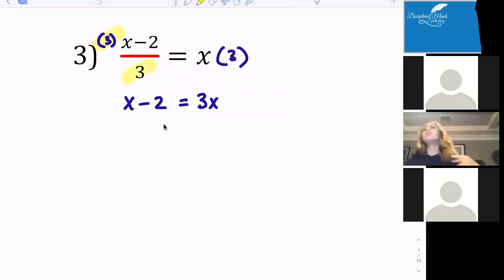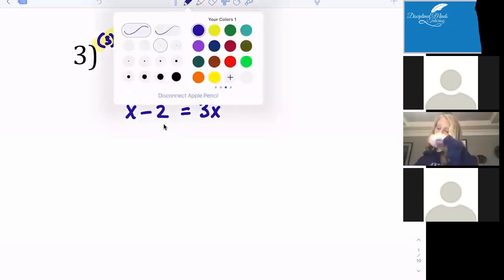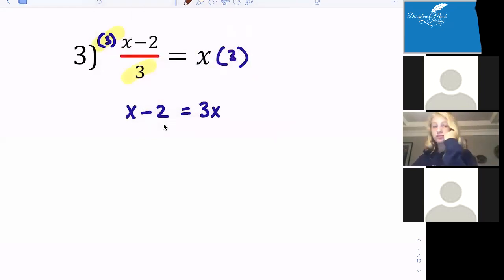Everybody good on this? Now, as I'm looking at this equation, I'm hoping you can say, I want to put the x's together.